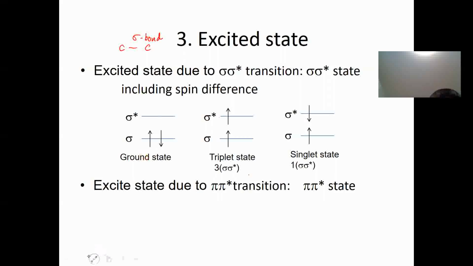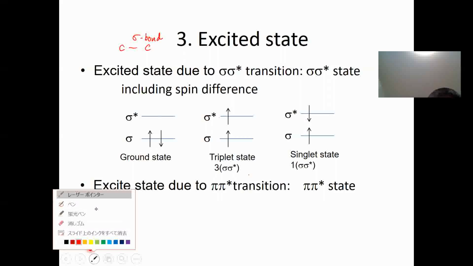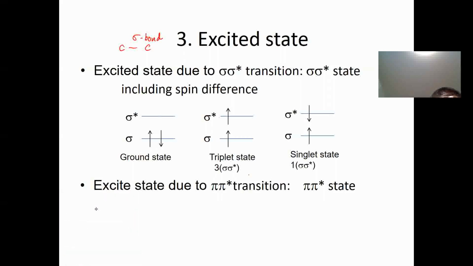the electrons are given from both sides of the carbons. In the bonding orbital, you have 2 electrons, which is the ground state.